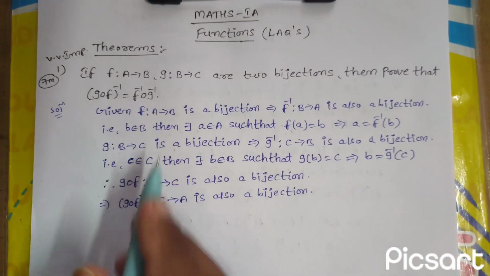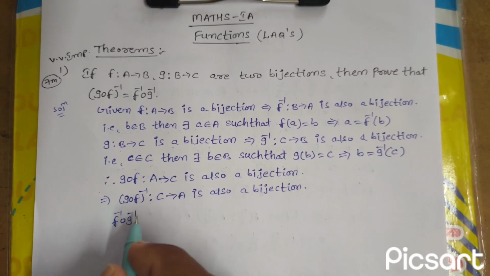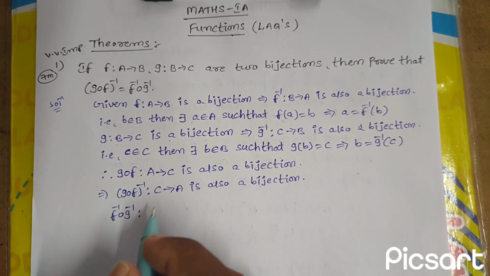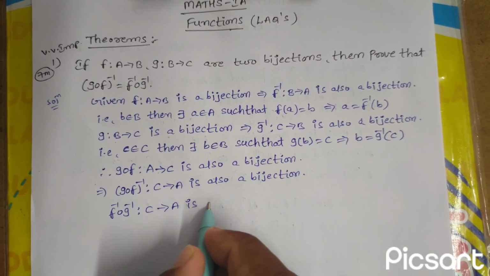Next, take the composite function f inverse circle g inverse. f inverse circle g inverse mapping is C to A. This is also a bijection.